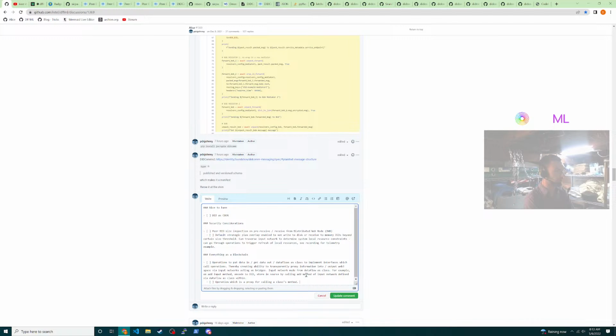Okay, so config.obj, config.class instance, which is usually self, but we're not going to use self because that's too much overloading. So an operation which is a proxy for calling a class's method, config.class instance dot method name, can be implemented via decorator.